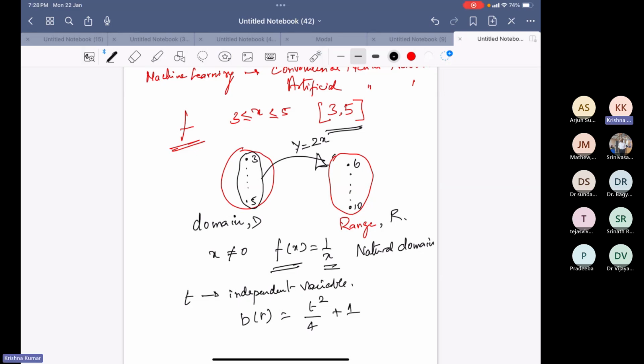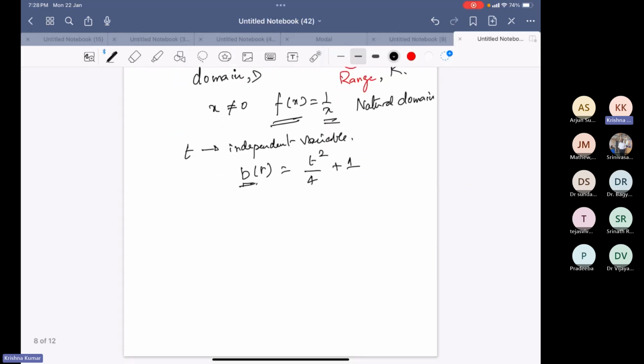So now the bacterial growth, the population size, is described as t squared by 4 plus 1. Functions are also plotted. We will see how to plot it using MATLAB in the next session.